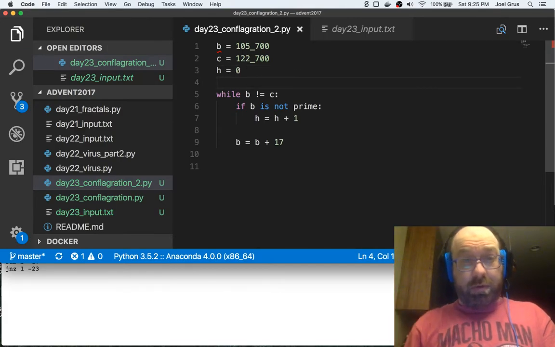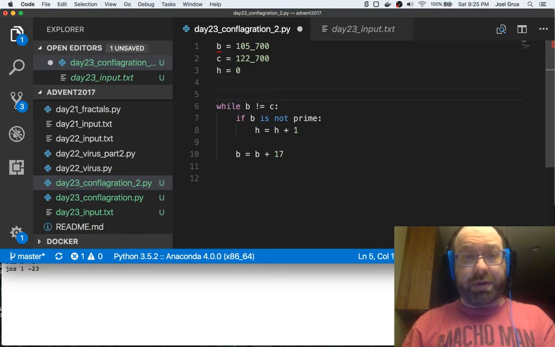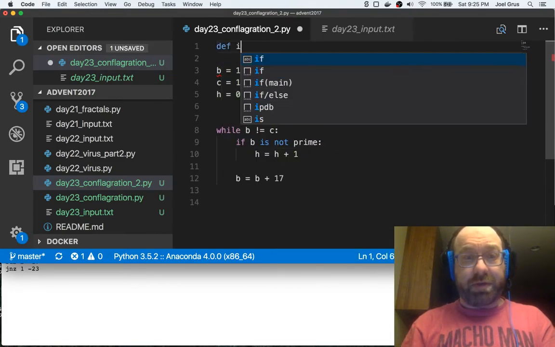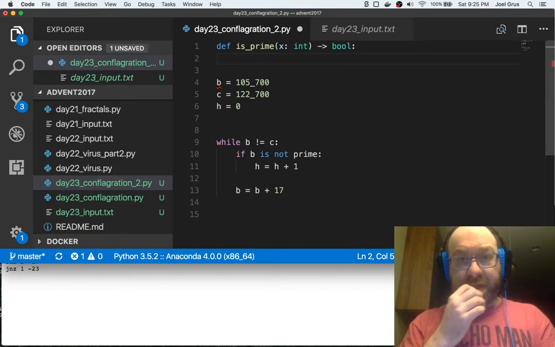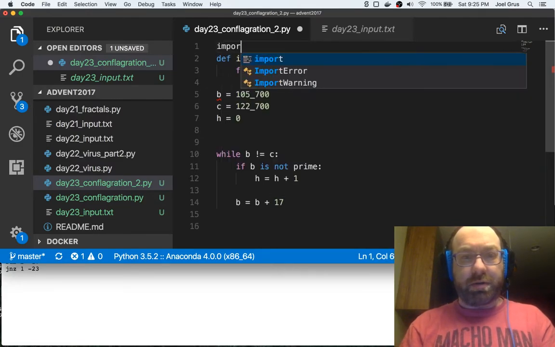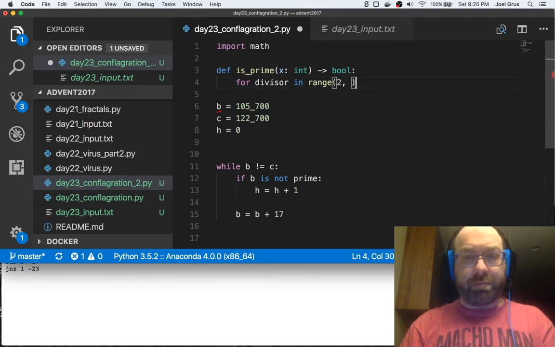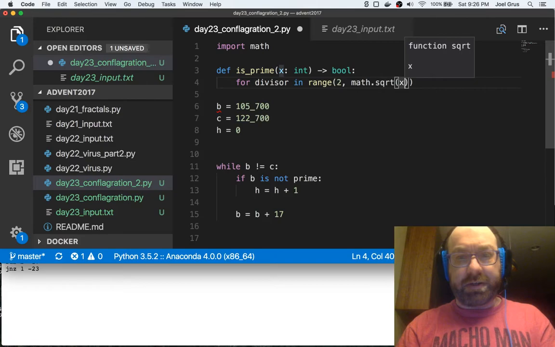And so what we need is an is prime function, and we'll just write a really bad one. So we have some int and it returns a bool, and x is prime if for divisor in range 2, import math, math dot square root of x, and we need to int that.